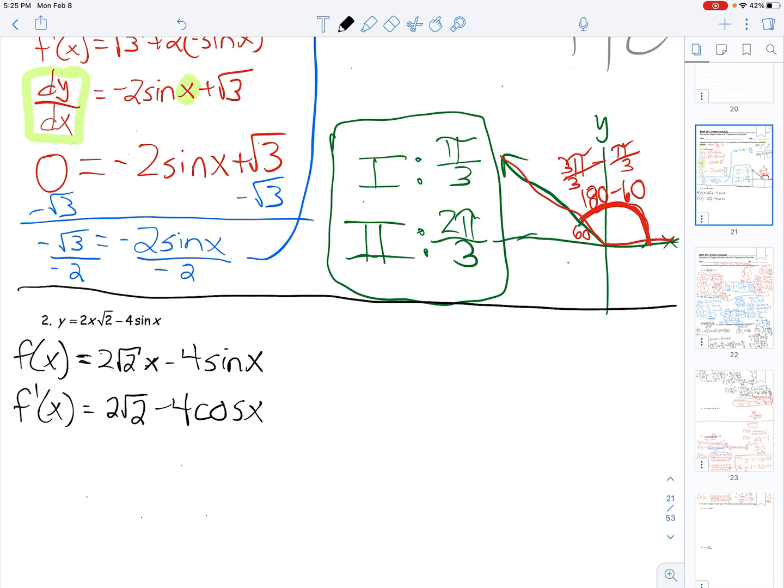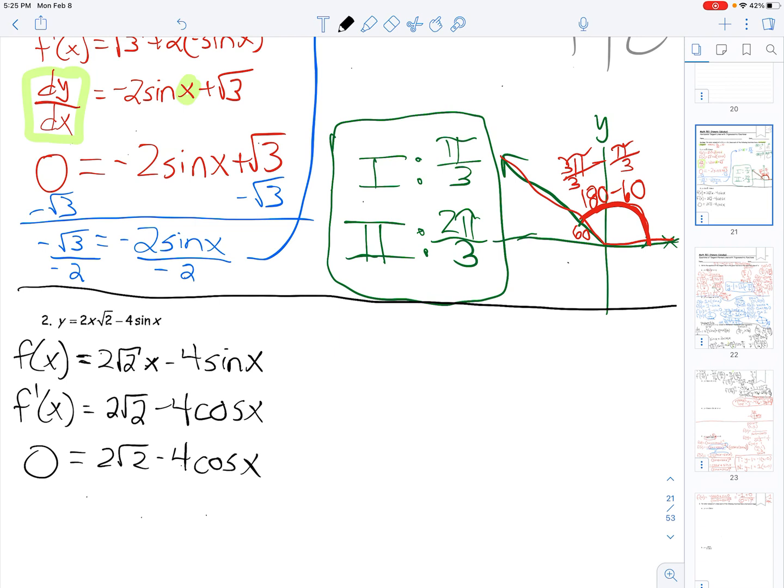So f prime of x, we'll take the derivative here. The derivative of 2 radical 2x is 2 radical 2, minus 4 times the derivative of sine x, which is cosine x.